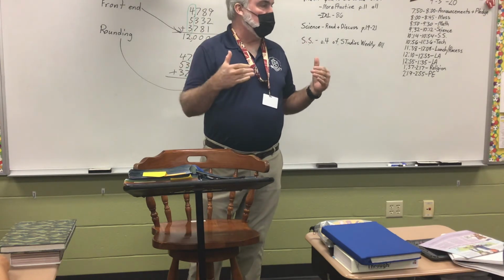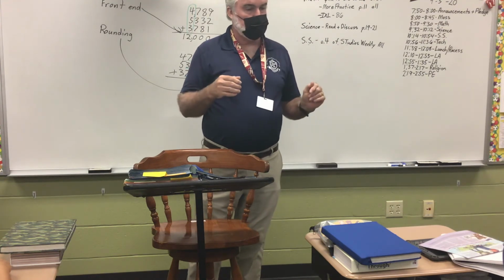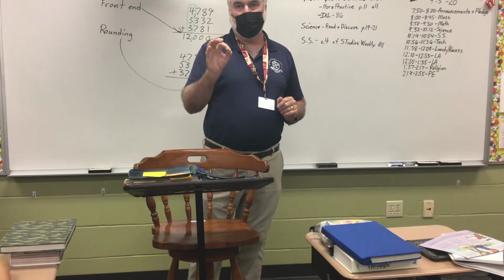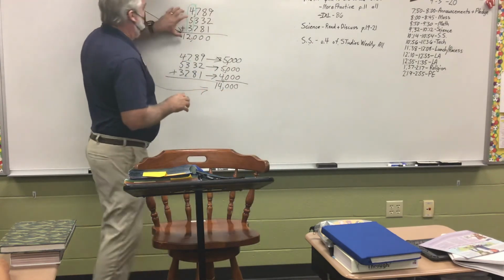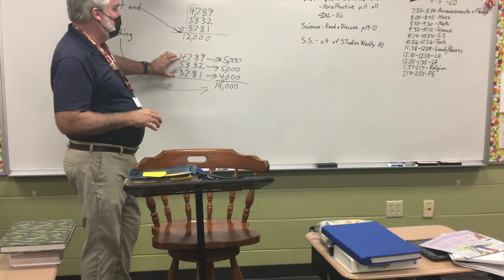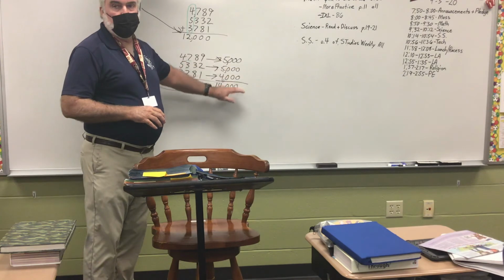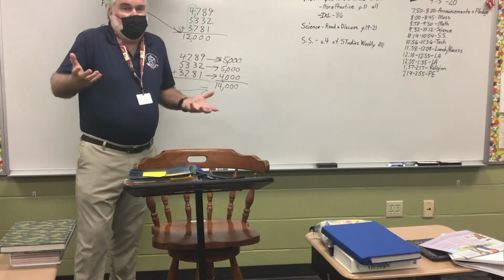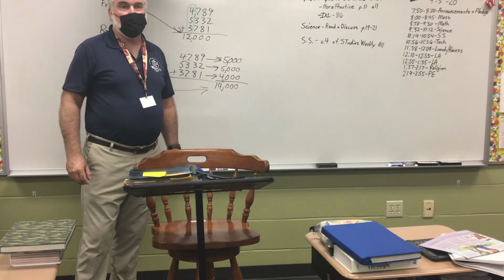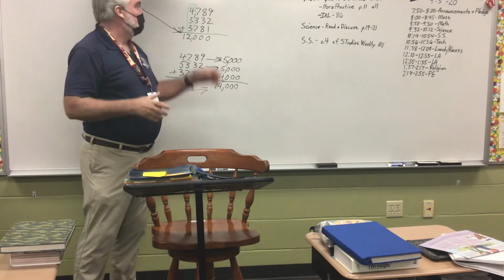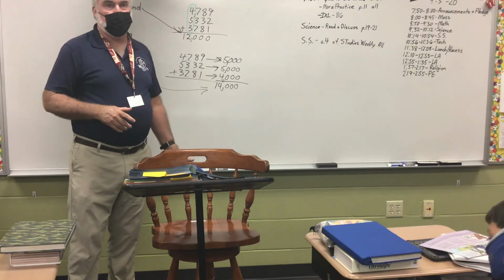So today's work, in your composition book, you have to write down what you estimated. I don't want the problem, like this, if you do rounding, I don't want the problem. I want written down what you estimated. Does everyone understand that? Okay? Front end, you don't really have to write it. You can put down that you did front end estimation, but all you're doing is adding those front numbers.